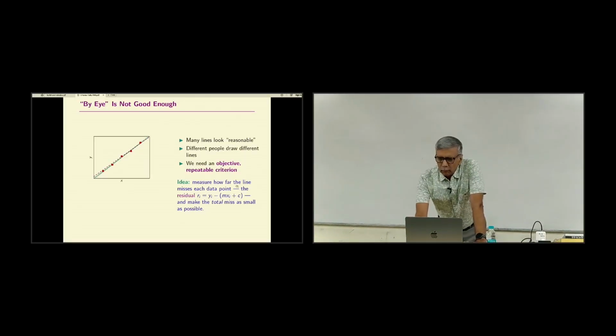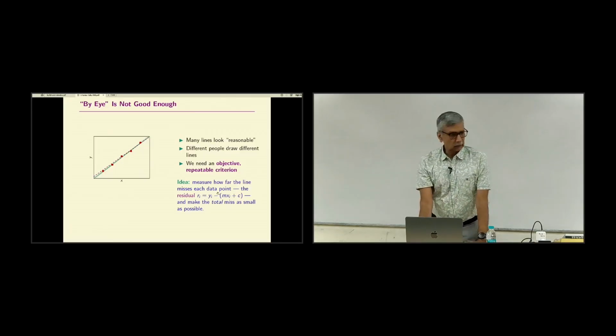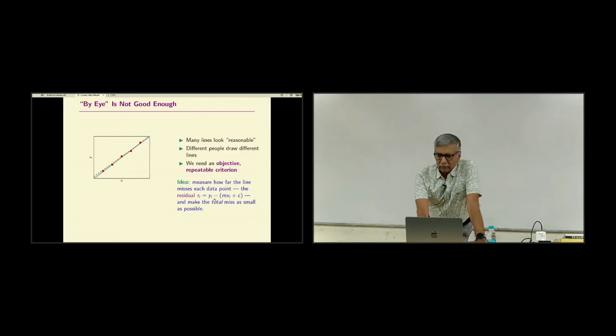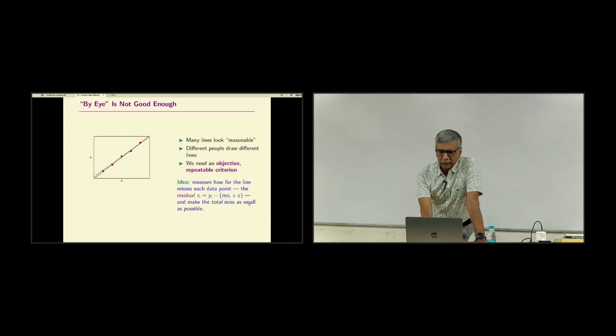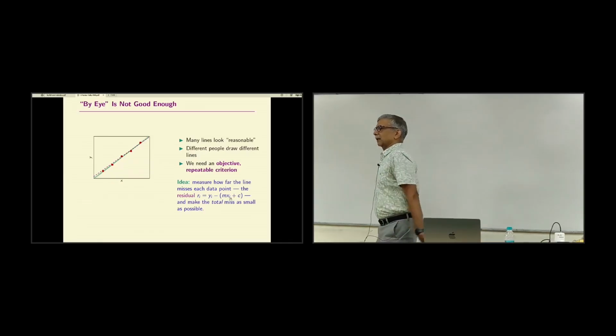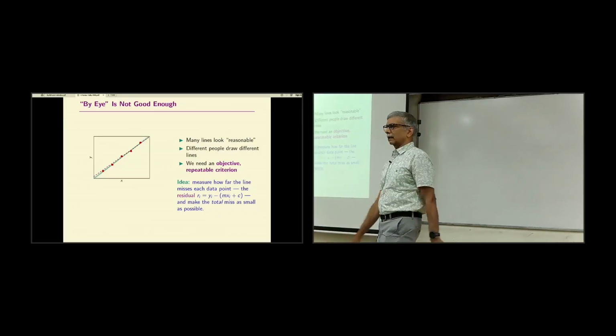We construct, I hope my cursor is visible, yeah. We construct a residual. What's a residual? I started with just k, here I'm moving on to mx plus c, so I'm giving an equation of this form. So for an xi, the value that I expect of y is mxi plus c, assuming I don't know m and c, right?